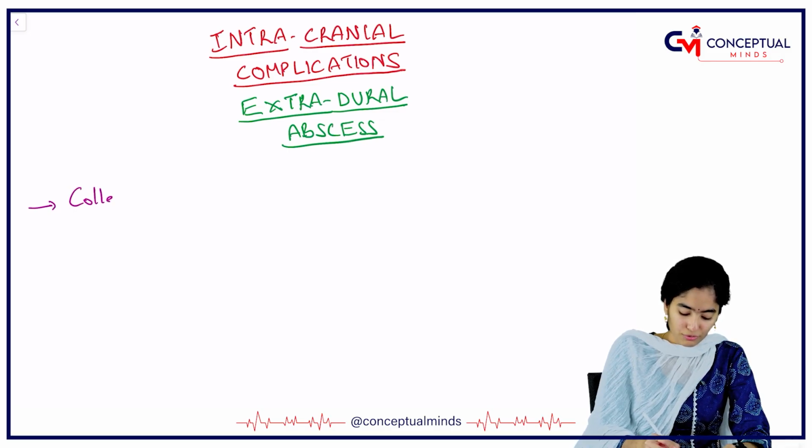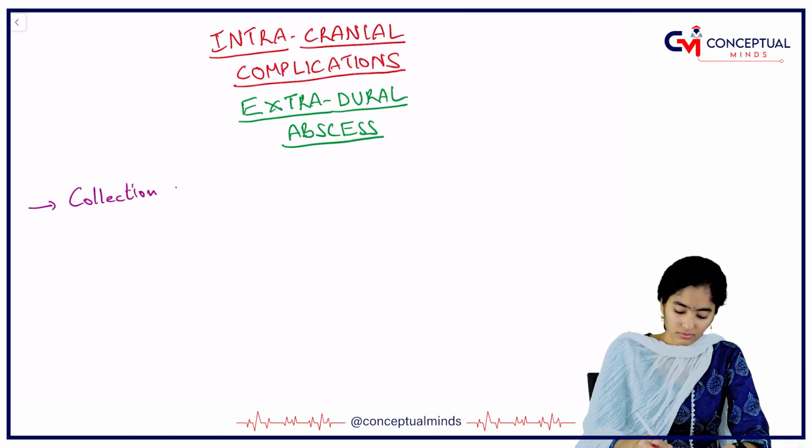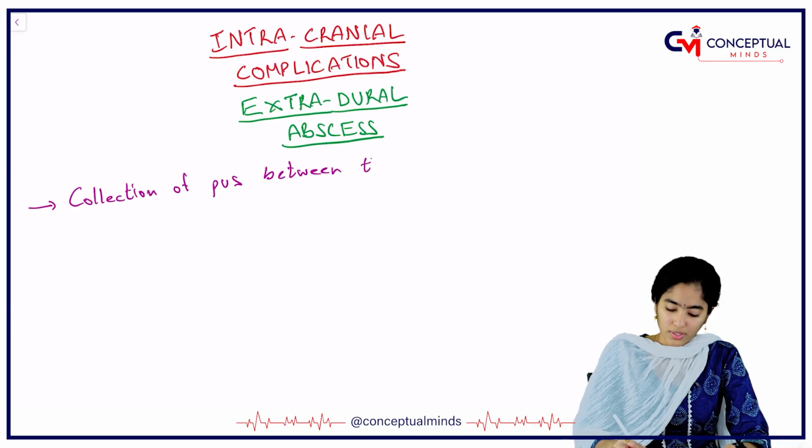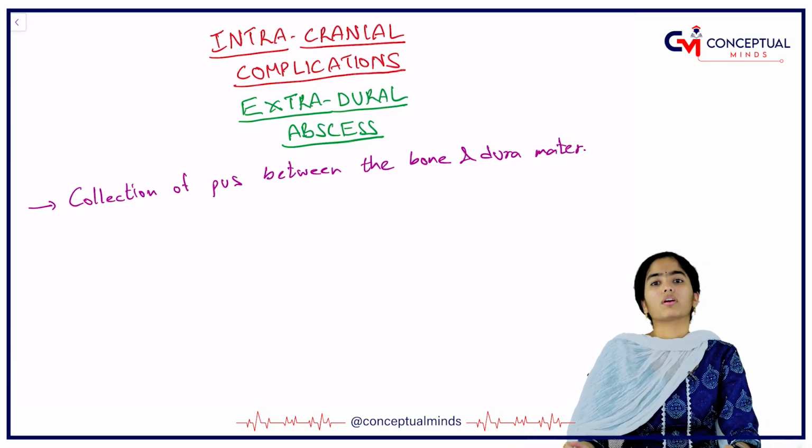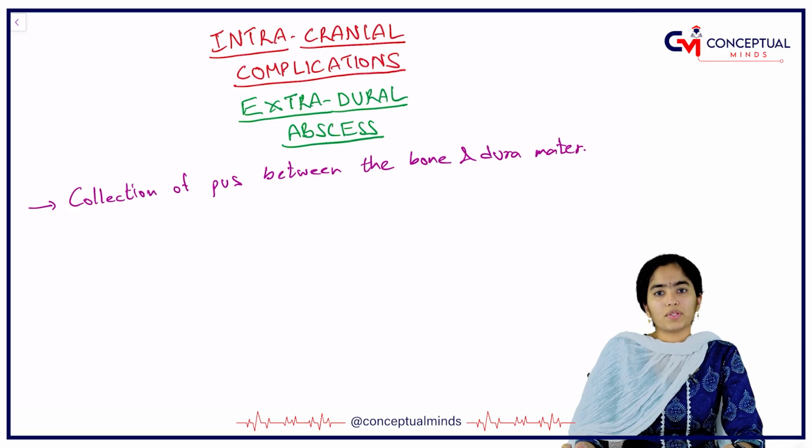It is a collection of pus between the bone and dura mater. It's usually found between the eroded inner cortex of the bone and the dura mater.